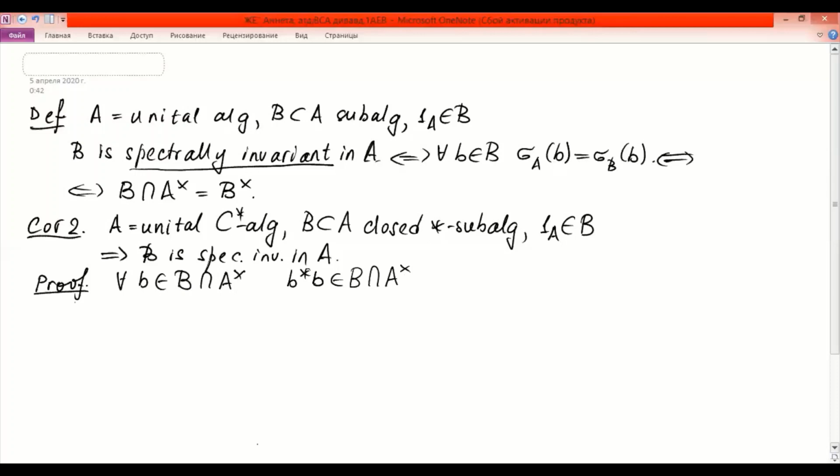And so the spectrum of this element calculated with respect to B is real. Therefore, for each non-zero real number t, the element b star b plus it times 1 is invertible in B.